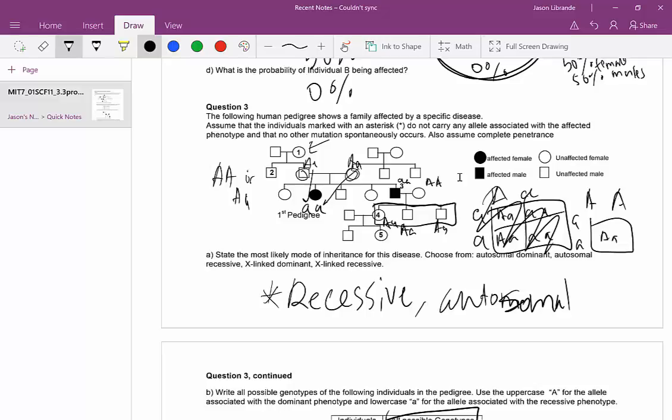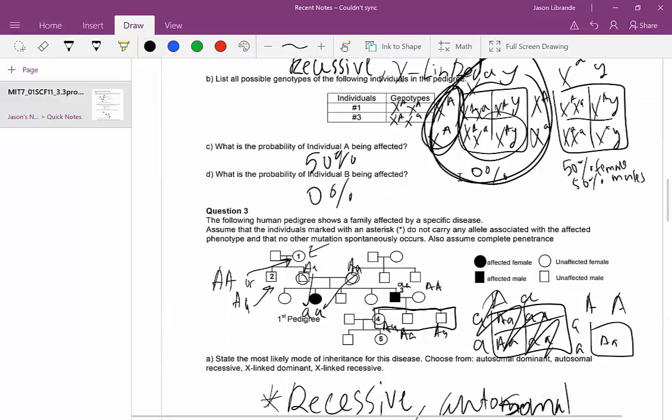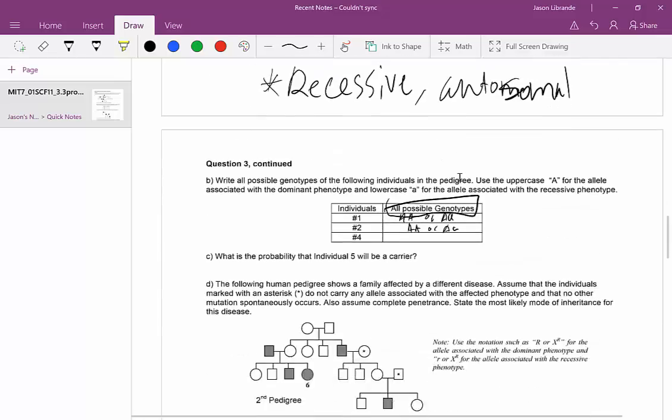Same with this person here. So for all possible genotypes, it could be homozygous dominant or heterozygous. For individual 4, though, we're fairly certain it's going to be heterozygous.